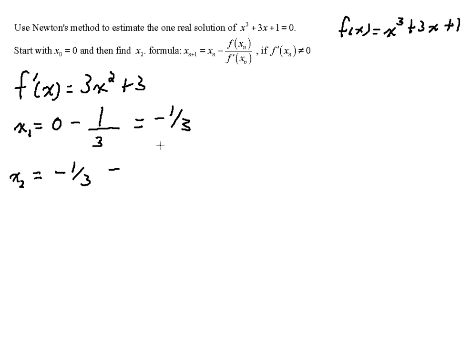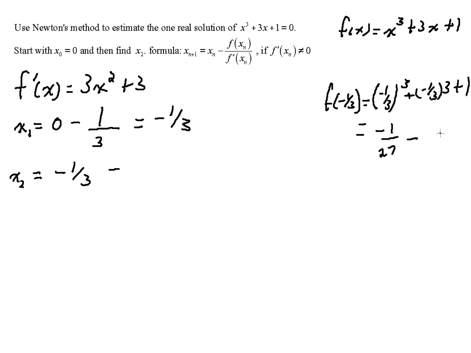So f of negative 1/3 is equal to negative 1/3 cubed plus negative 1/3 times 3. I know I put it out of order there, I'm sorry, but anyway, 3 times negative 1/3. So this is going to equal negative 1 over 27, minus 1 plus 1, so we just have negative 1 over 27 in the numerator.